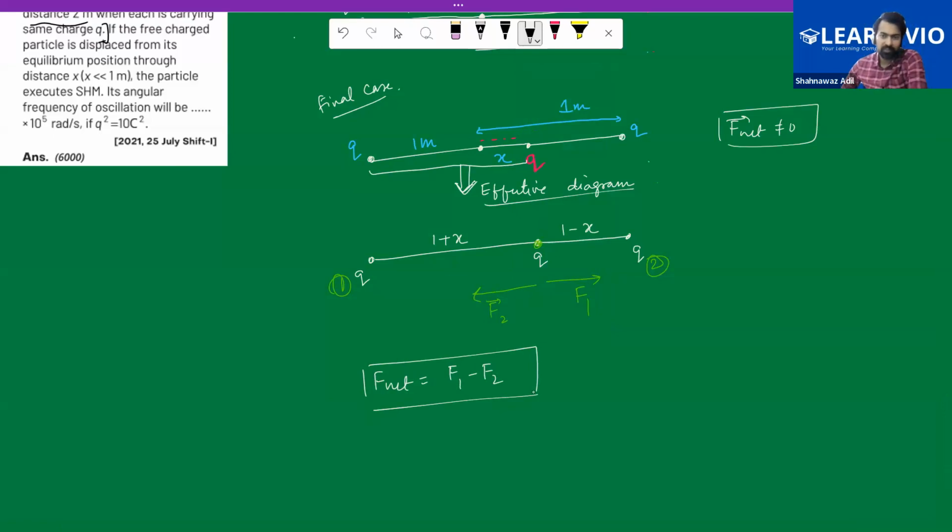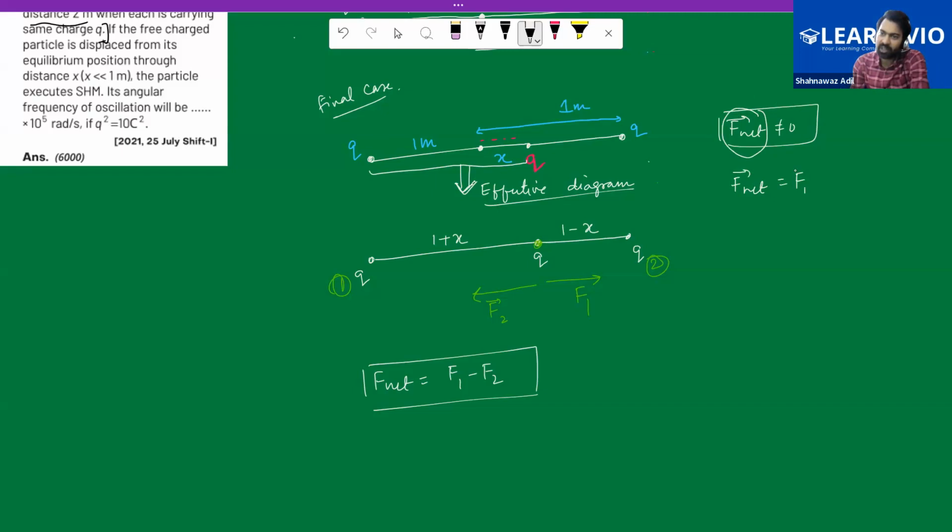Yes, sir. F1 is bigger than F2. Okay, not that, because I have assumed that F1 is i hat and F2 is minus i hat. So if I add those two forces, then F2 would be negative. That is why, right? Because F net is the resultant. This is the superposition principle that we have learned.